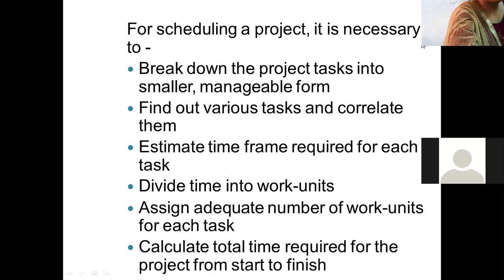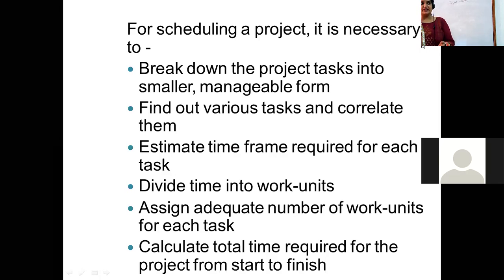I'm repeating, break down the project. If you have an idea and you want to make a project on it, first break down the project into smaller manageable tasks, and then correlate them. Then estimate the time frame required for each task.